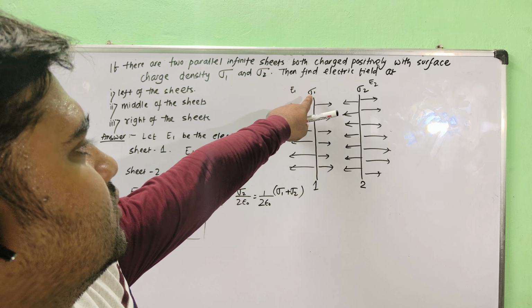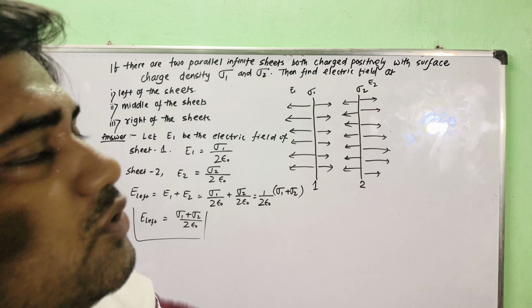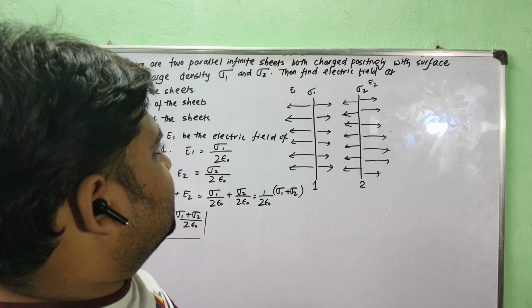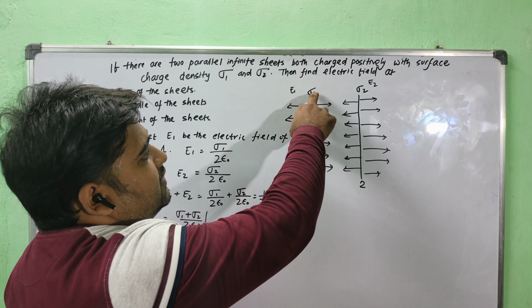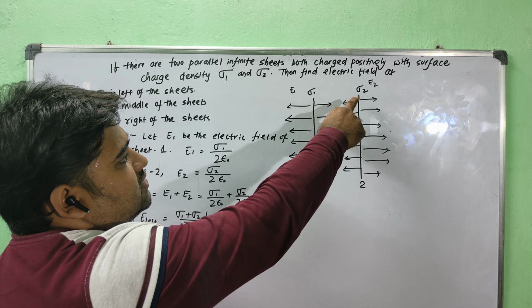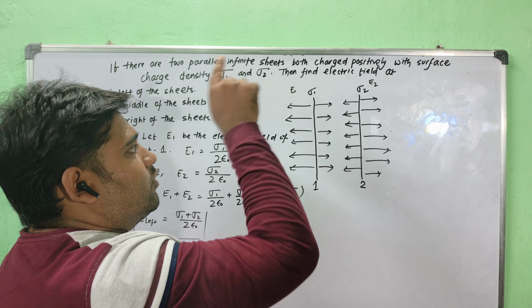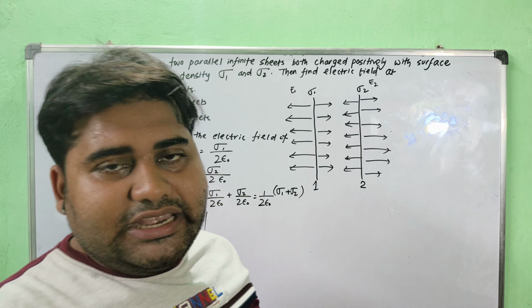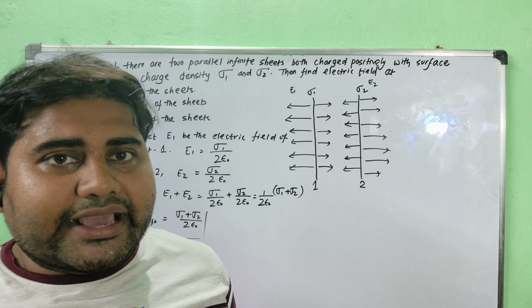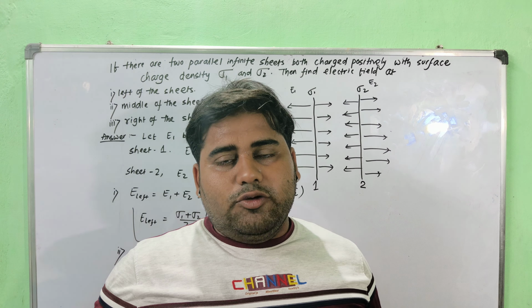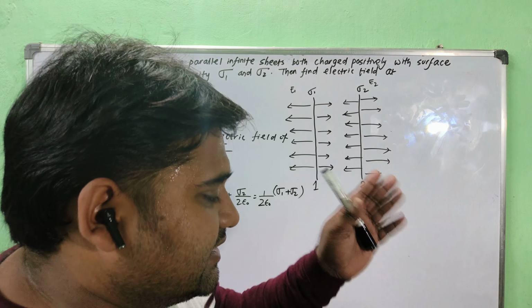But you don't know whether sigma 1 is greater or sigma 2 is greater. If it is not specified, you cannot say whether E1 or E2 is greater. So you can take the modulus.